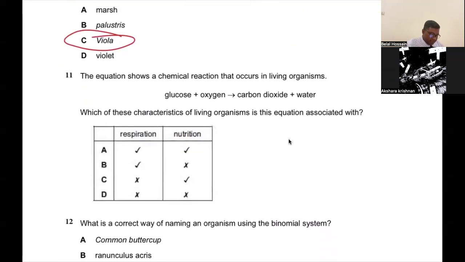Try number 11. By the way, I'm just making it practice MCQ because it's just the fastest way to get review. To get you revising. Make sense? So don't worry about it. If you miss it, no worries.